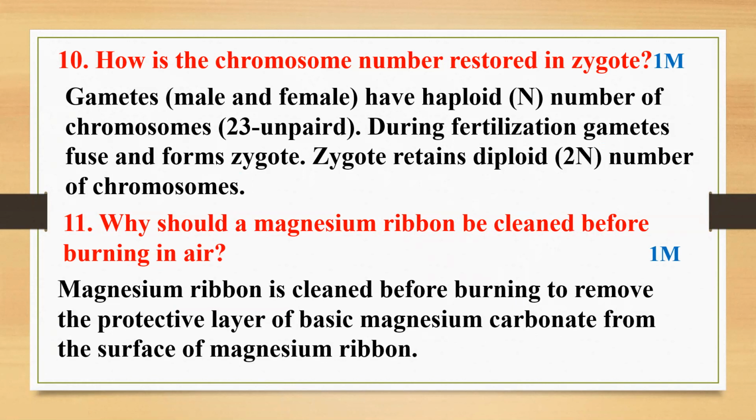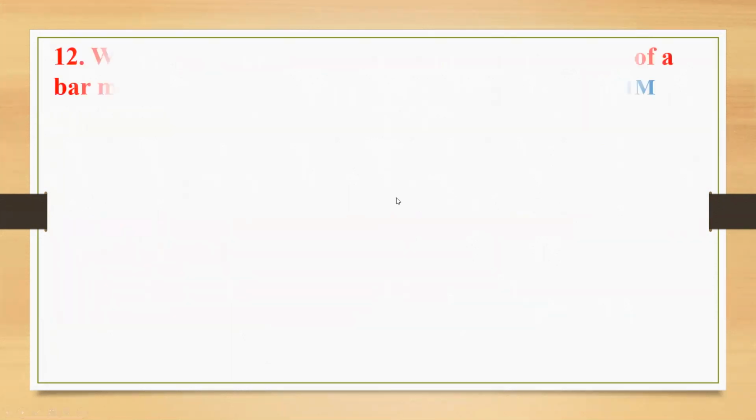If magnesium carbonate forms a layer on the magnesium, it cannot burn completely, so incomplete combustion will take place. To make complete combustion, we have to clean the magnesium ribbon. Understood? This is the reason. Read it once more and note it down. Go to another question.